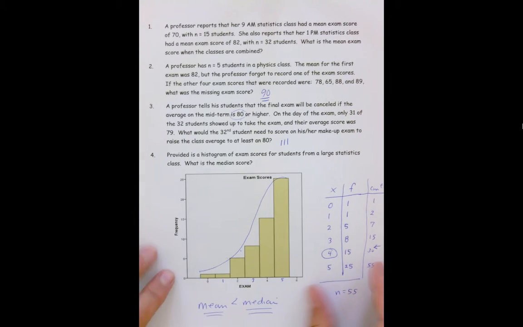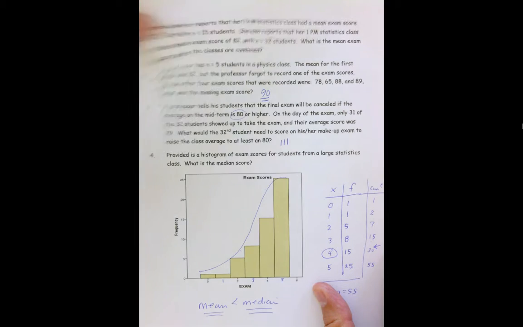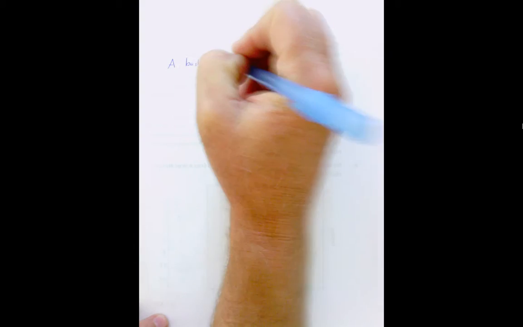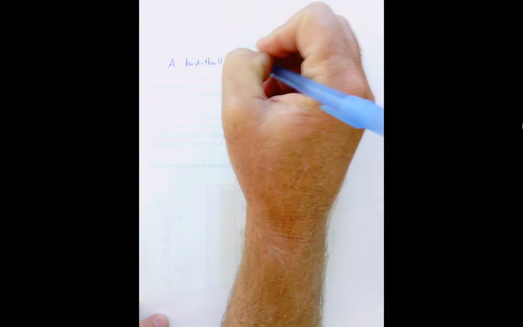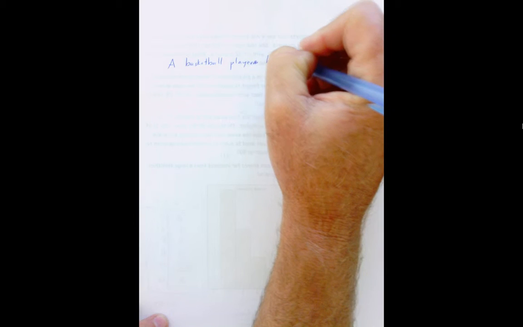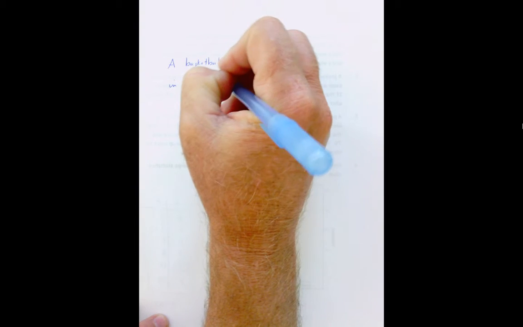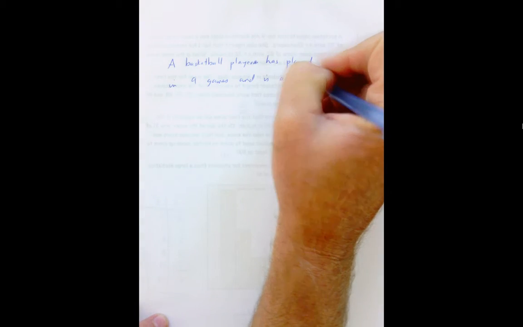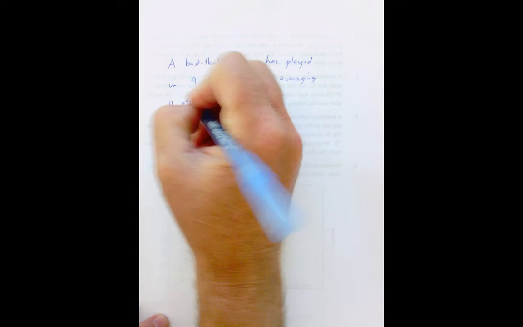I'll tell you one, a question that I gave on a test not long ago. It was something like this. A basketball player has played in 9 games and is averaging 11 points per game.